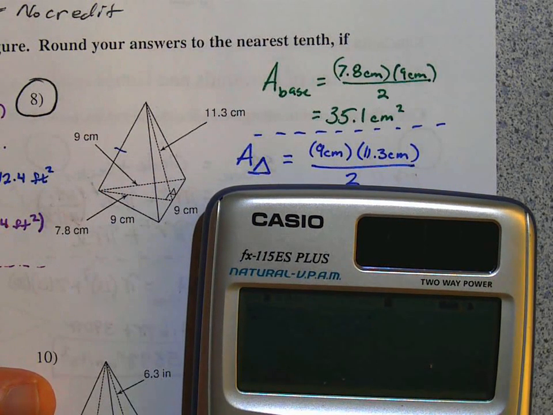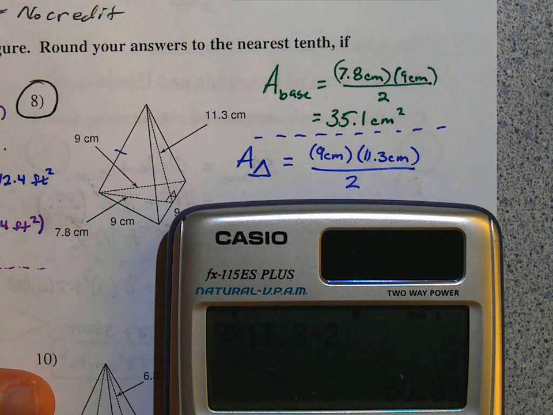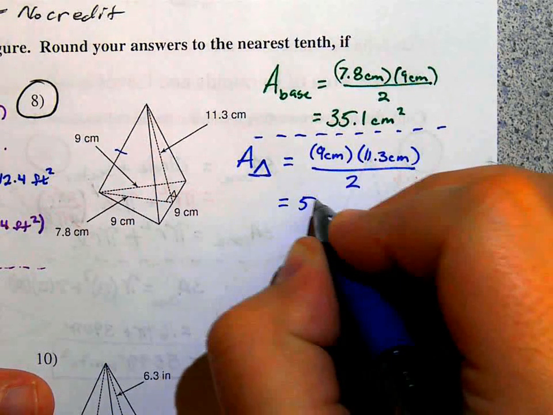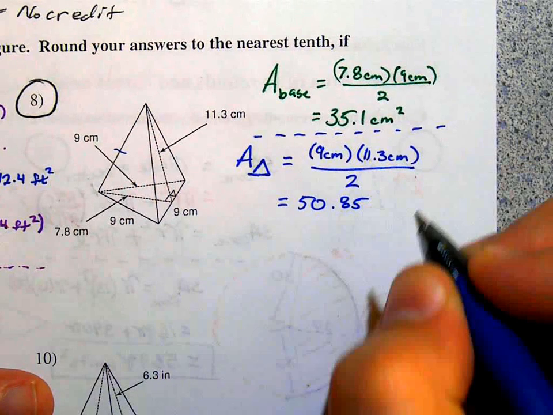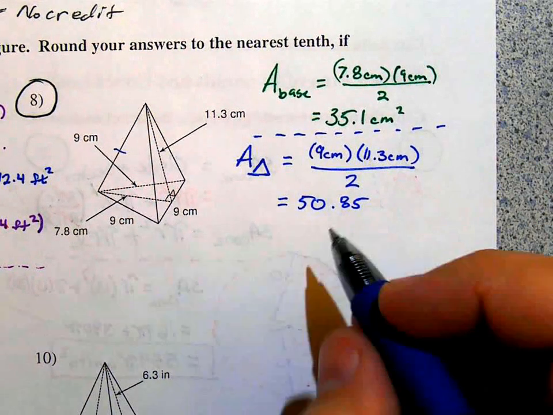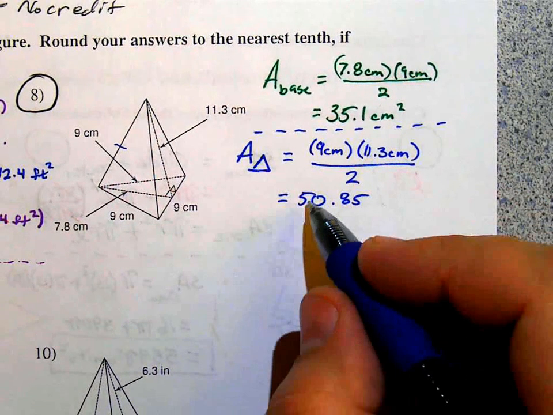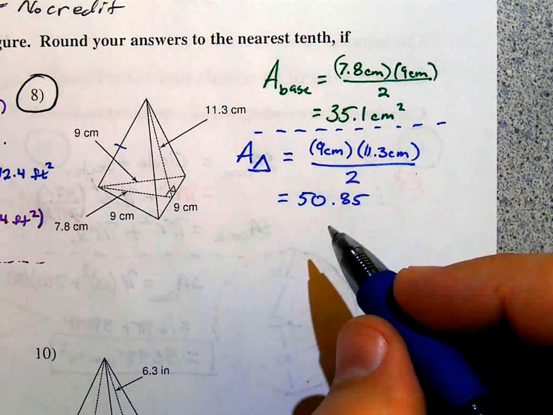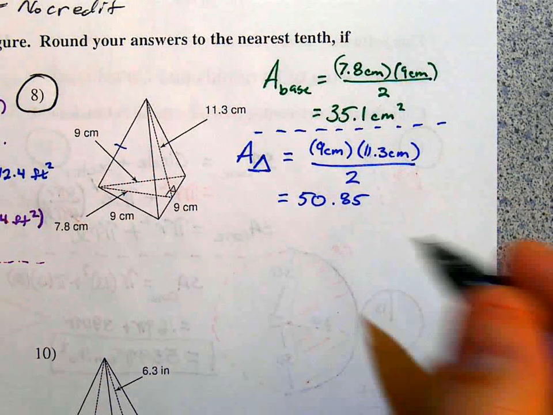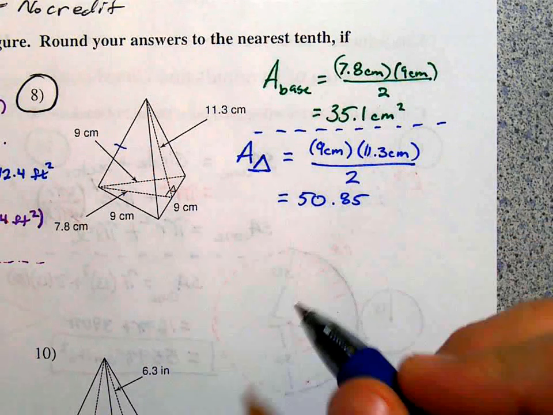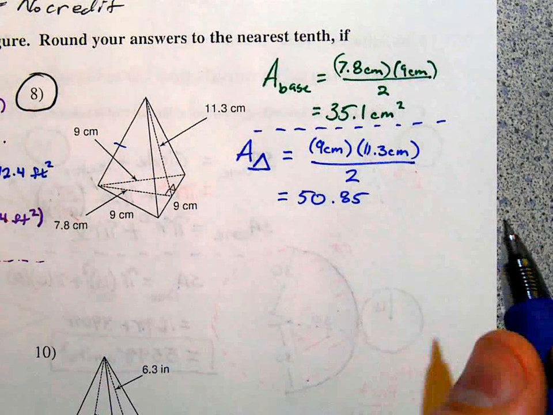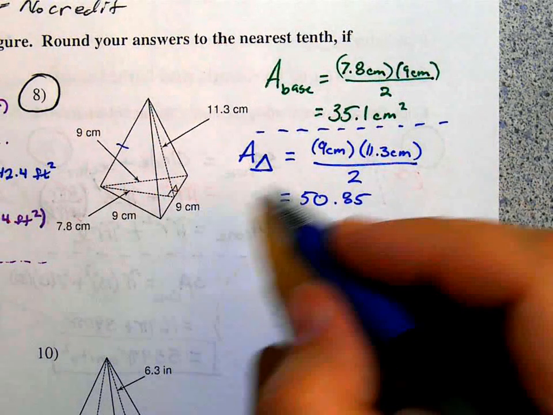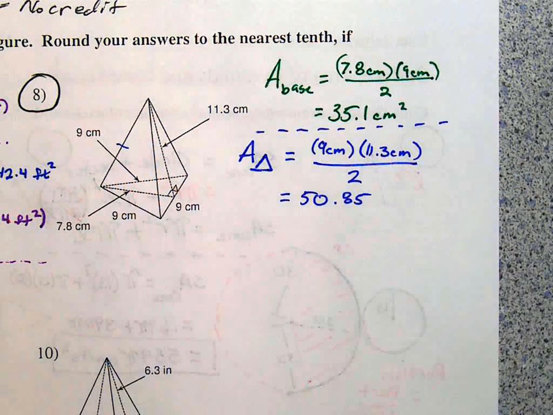So multiplying that out, 9 times 11.3 divided by 2 equals 1017 over 20, which is 50.85. And if you wonder why I'm putting decimals on these, it's because I don't mind decimals when they're non-repeating or terminating, which means they actually end.